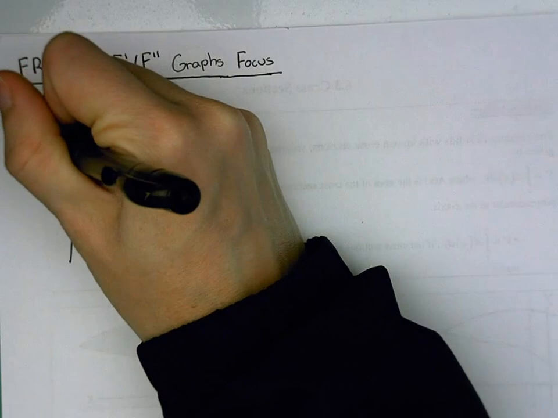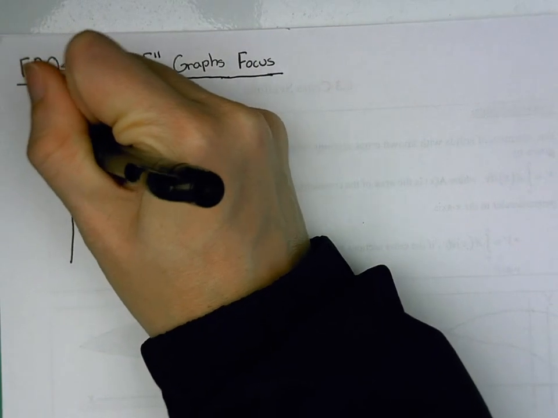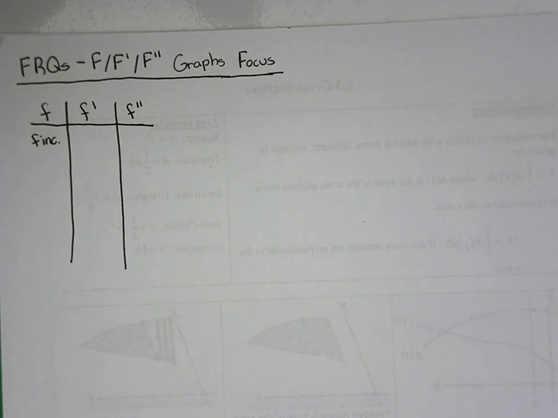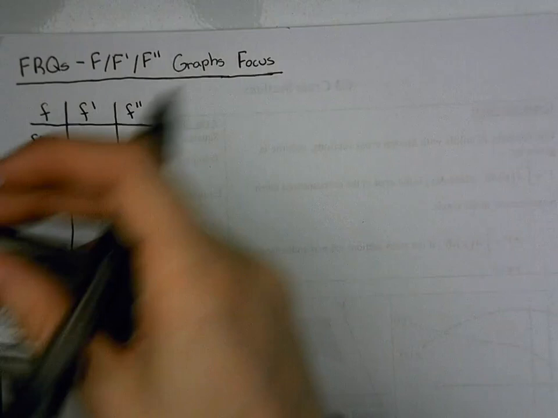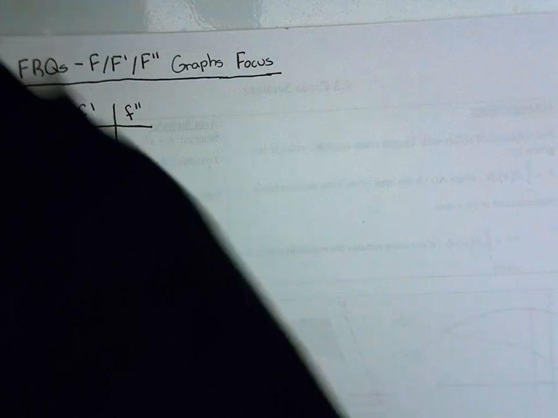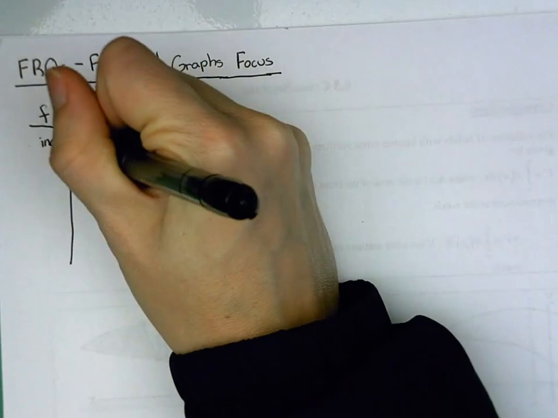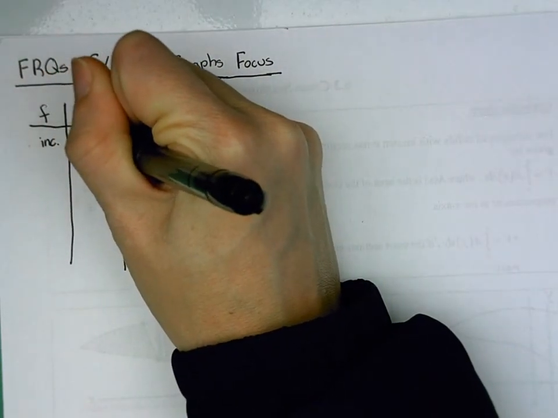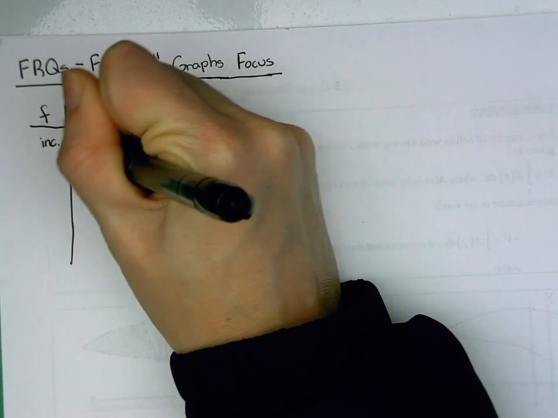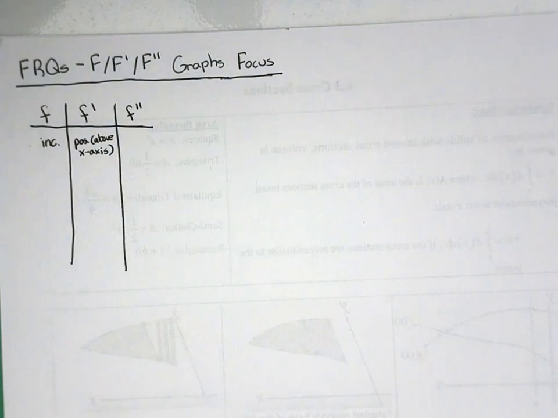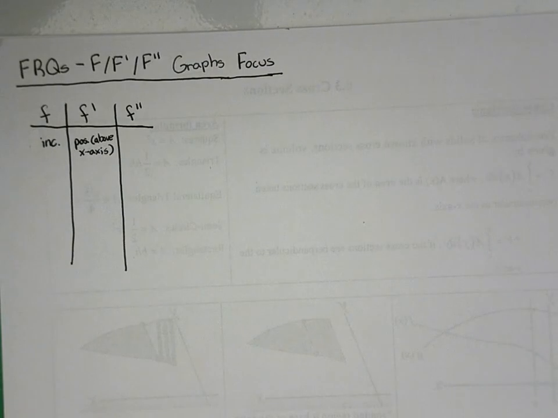The first thing that we need to know is that when we are asked where F is increasing, what does that mean about F prime? I'm just going to write increasing. Okay, well, what that means about F prime is that F prime is positive. Or some people prefer to think of it as above the x-axis. Okay?